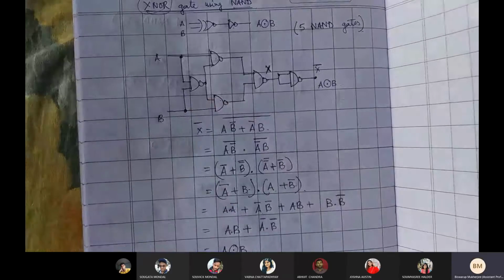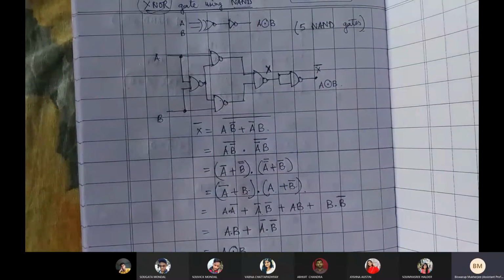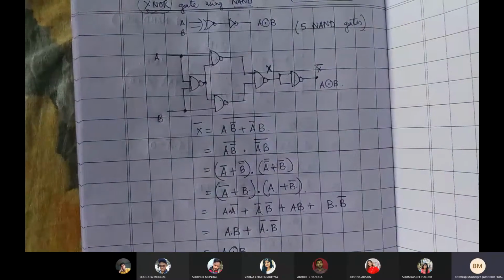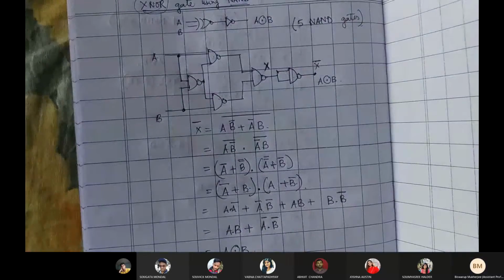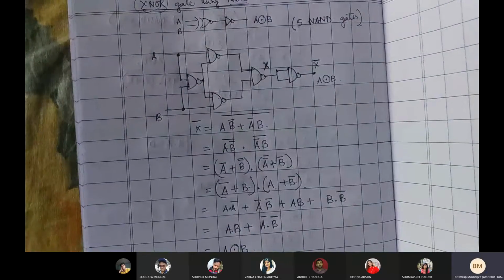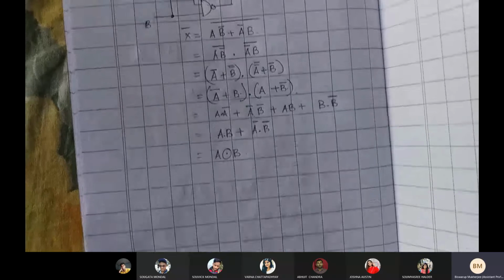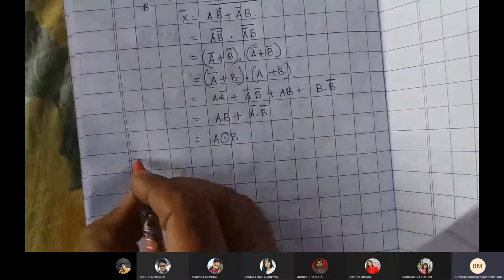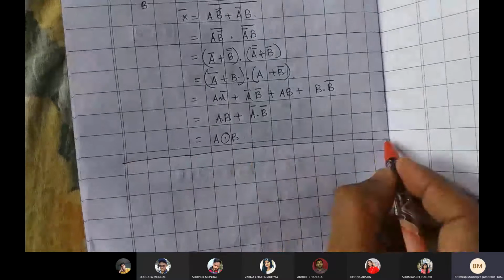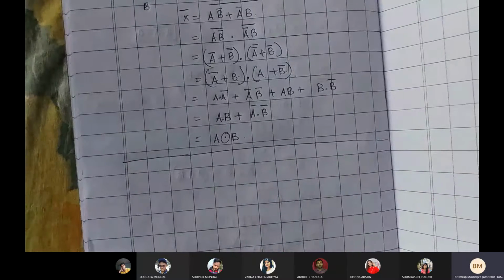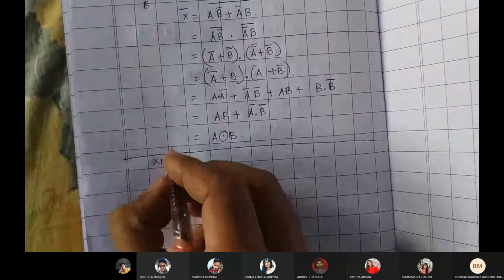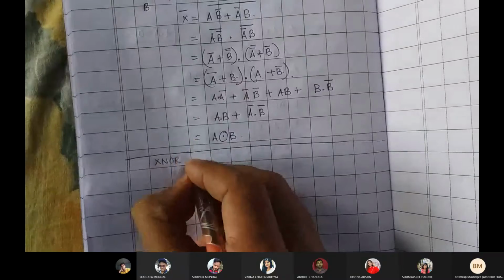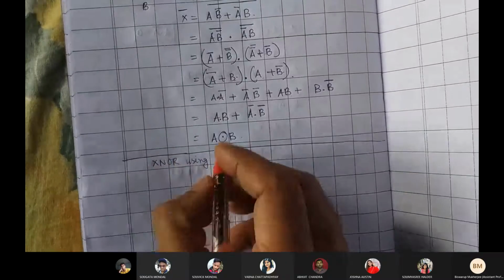So for XOR, we will be requiring 5 NOR gates, and XNOR can be made with the help of 4 NOR gates. So let me start with XNOR using NOR.